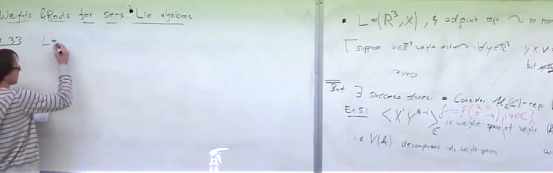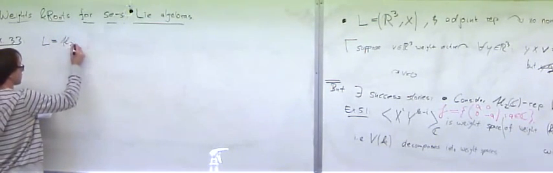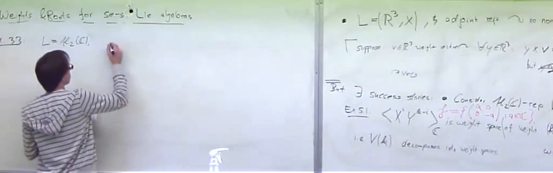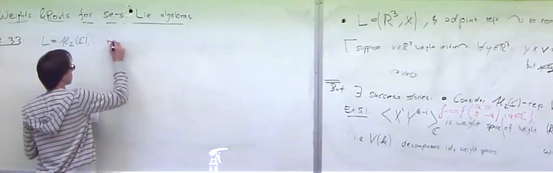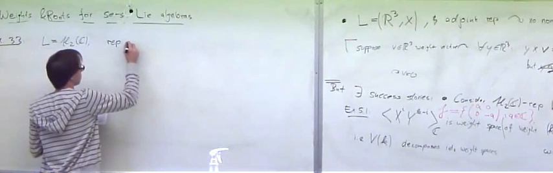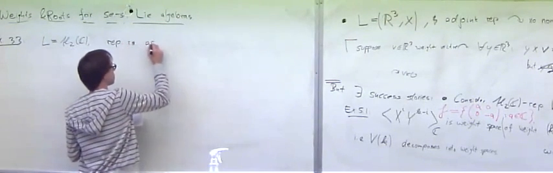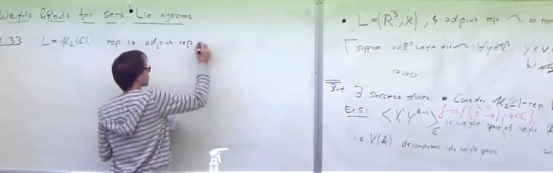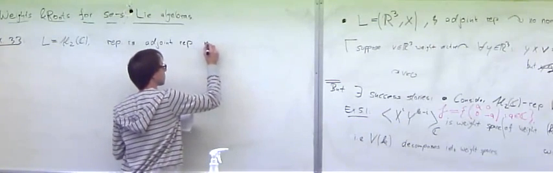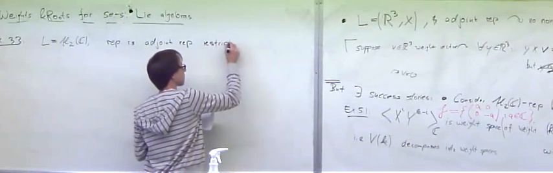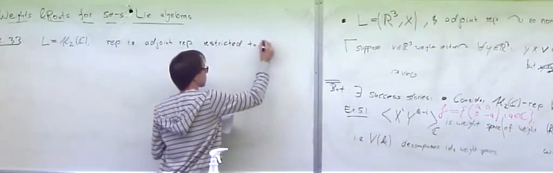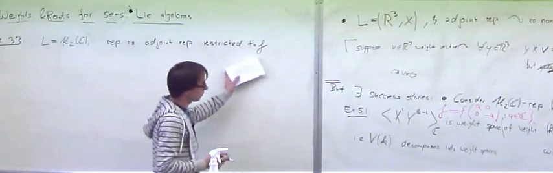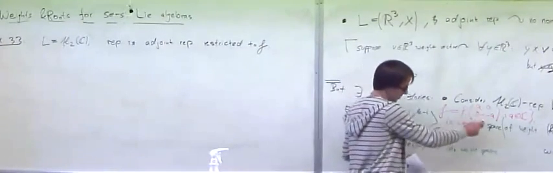The Lie algebra is still SL2C, and the representation is the adjoint representation restricted to H. So H is the same Lie subalgebra, just consisting of diagonal matrices.